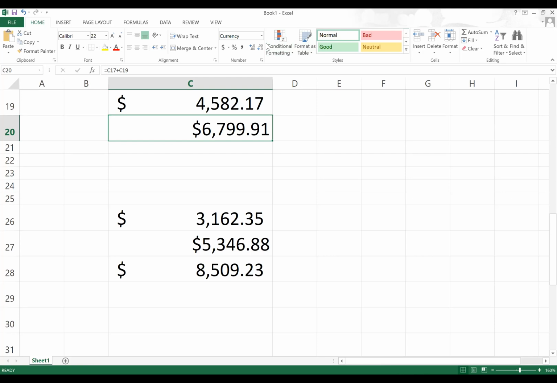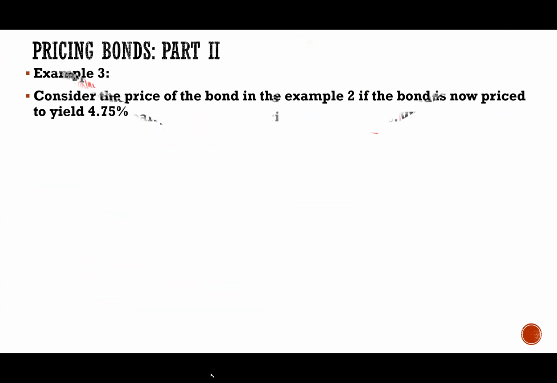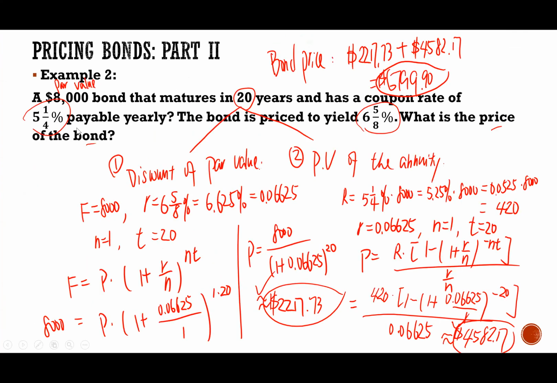So this tells us something. Look at the previous condition: the coupon rate is lower than the market rate, meaning the company is paying below the market return in terms of the dividend or interest. That's why the bond is worth less, because the company is less generous than the market.